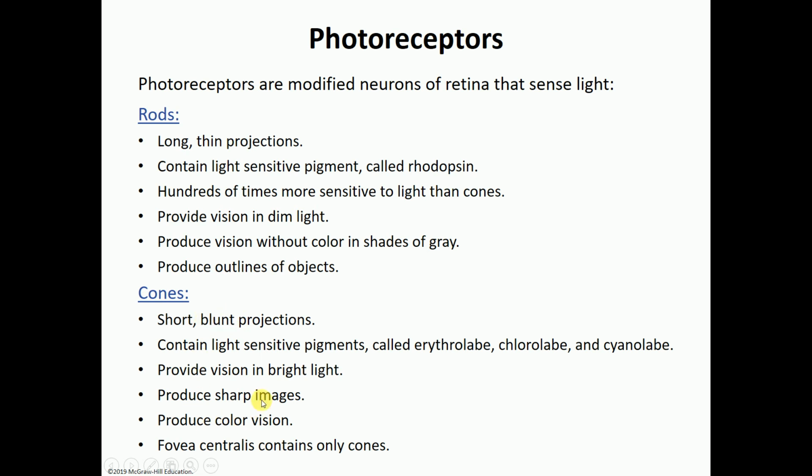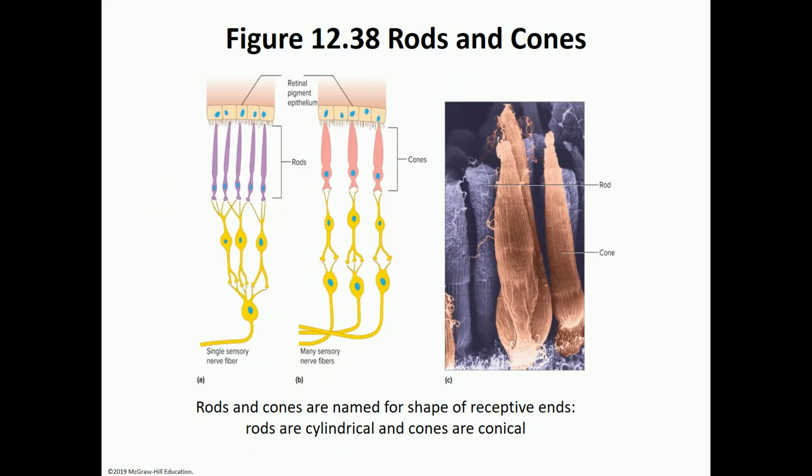They produce colorful images, very sharp, and you will find that the fovea centralis only has cones, while the fovea lacks rods. Here you can see an image of the rods and cones. So these are your rods, those are your cones, and they will have the pigment so that when they are exposed to light, those pigments change the structure, and that leads to the production of an action potential.